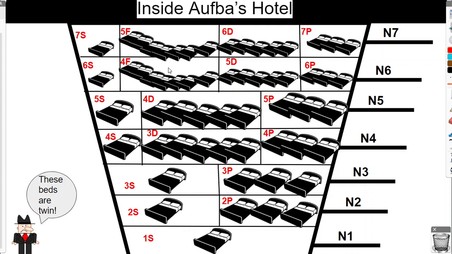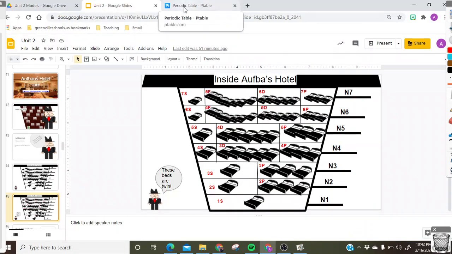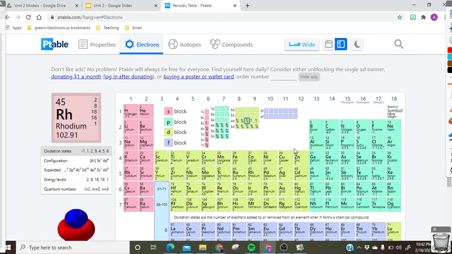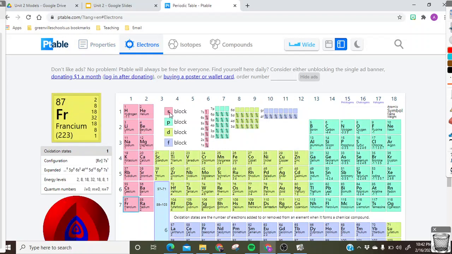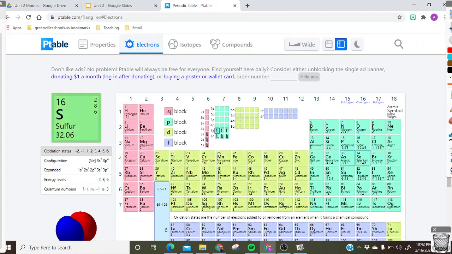So this also correlates to the periodic table. It turns out on the periodic table, we divide it up into different blocks. You'll see here this version of the periodic table has them color-coded. So we have our S block, which are these guys right here. We have our P block, which are all these guys over here.